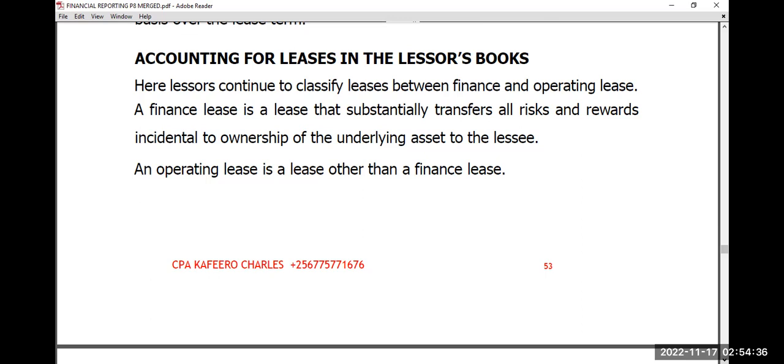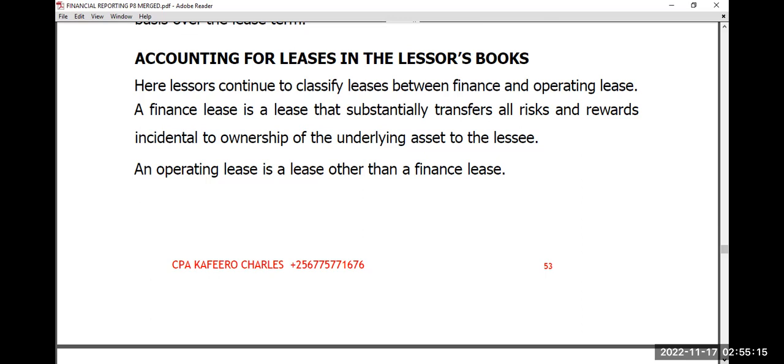This is basically what the old standard was talking about. What the old standard was giving is actually being brought to the books of the lessor. The lessor is going to classify these leases between finance and operating leases. Finance leases are the leases that are going to take almost the useful life of the asset.